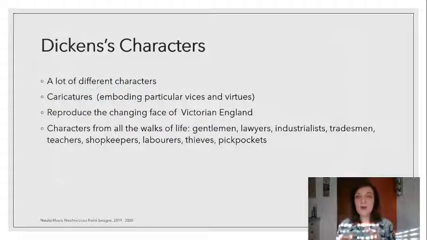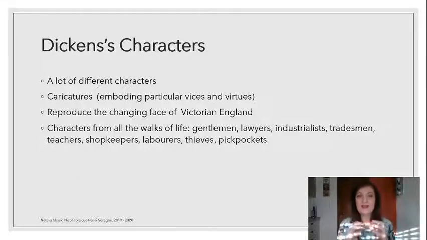Then let's focus on the characters. Who are the people described by Dickens? We have already said something about the three social classes, and that he creates a lot of characters. We have already said that he creates a kind of caricature, because most of them are not described psychologically in detail, with deep psychological features.